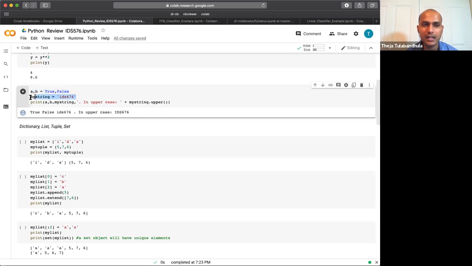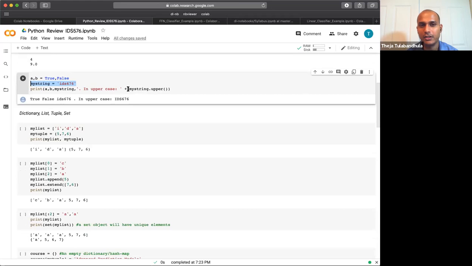Similarly, this my string is a string, and although it's a basic data type, it has some nice functions. Generally, you would call functions. How would I know about this? You can look at the Python documentation for these types of extra functions available for an object like a string object.